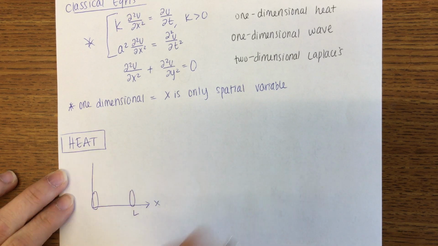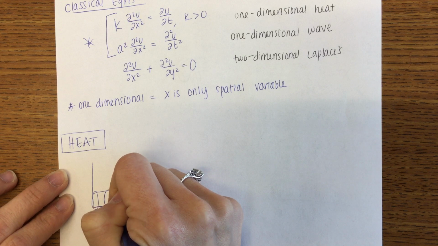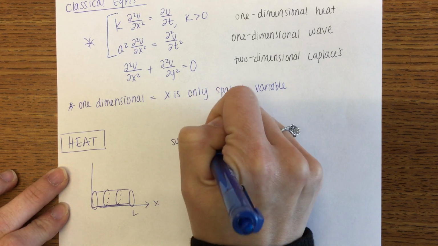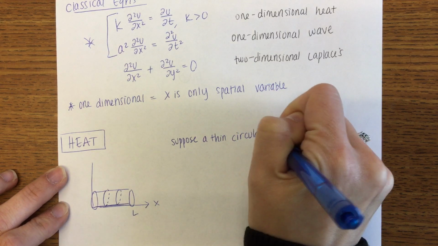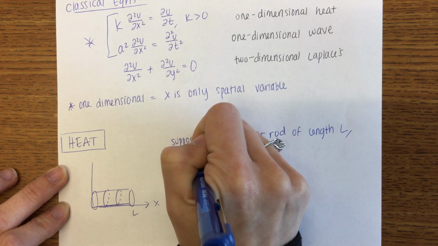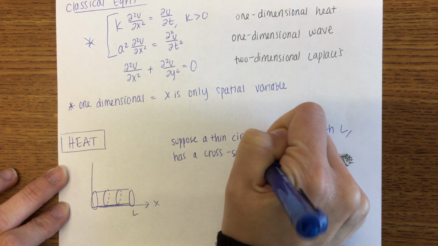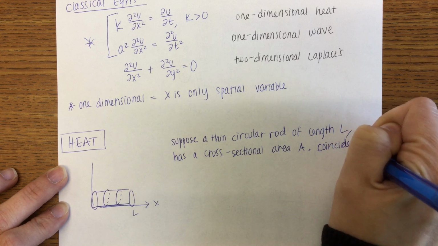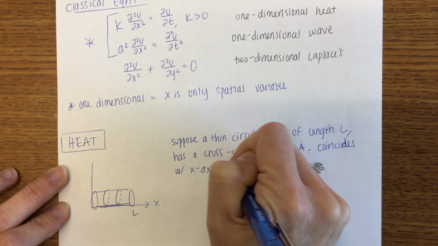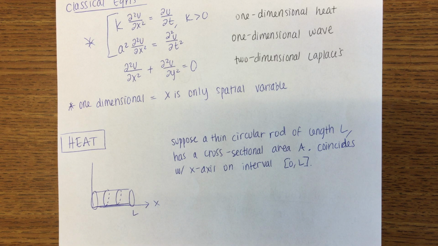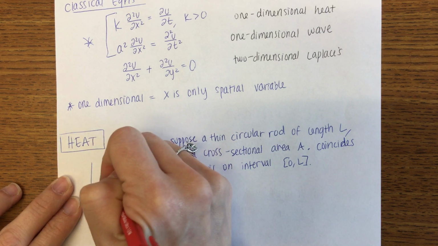It's going to start at 0, and then it's going to end somewhere at L. Okay, so suppose we have a thin circular rod of length L, and it has a cross-sectional area A. The rod coincides with the x-axis on the interval 0 to L. When I'm talking about that cross-sectional area A, I mean this part right here. So that's what your A is.